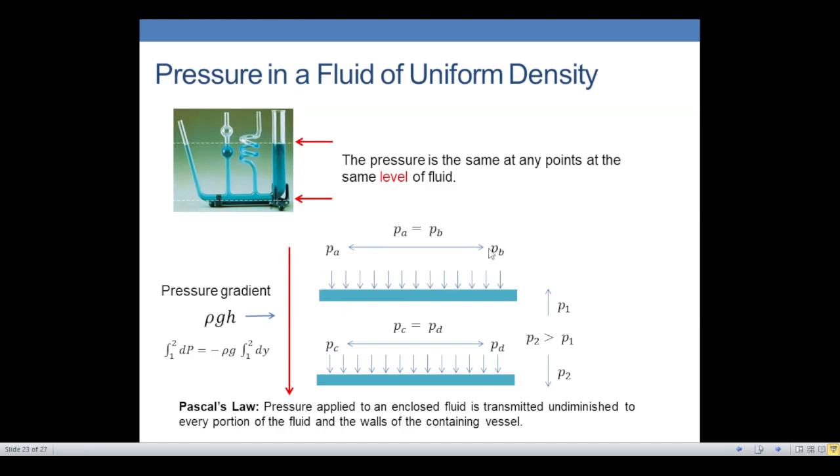That is why, if this is pressure 1 and this is pressure 2, we always assume that pressure 2, found at the bottom here, is greater than pressure 1, the pressure at this point.